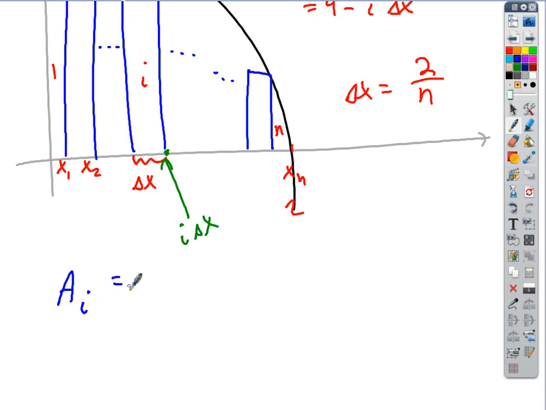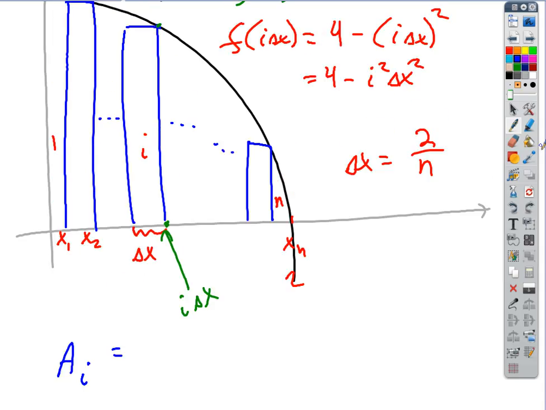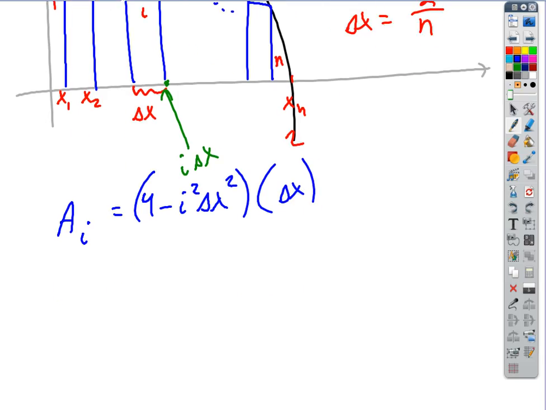So the height is 4 minus i squared delta x squared, times the width, which is just delta x. Height times width, everybody agree?